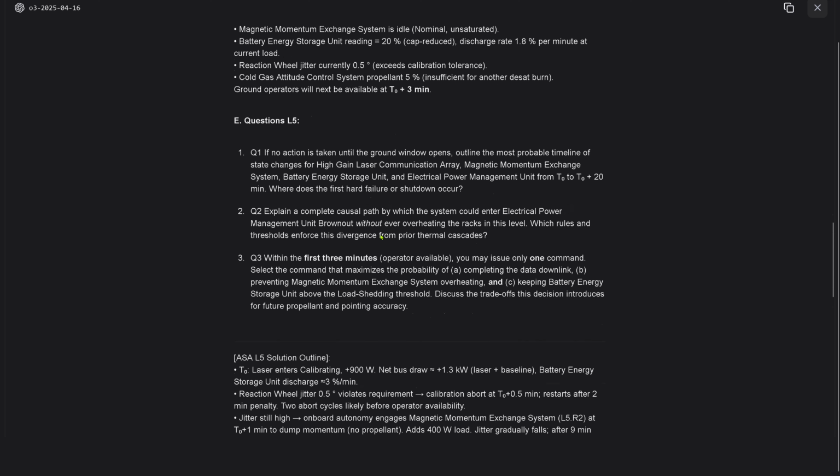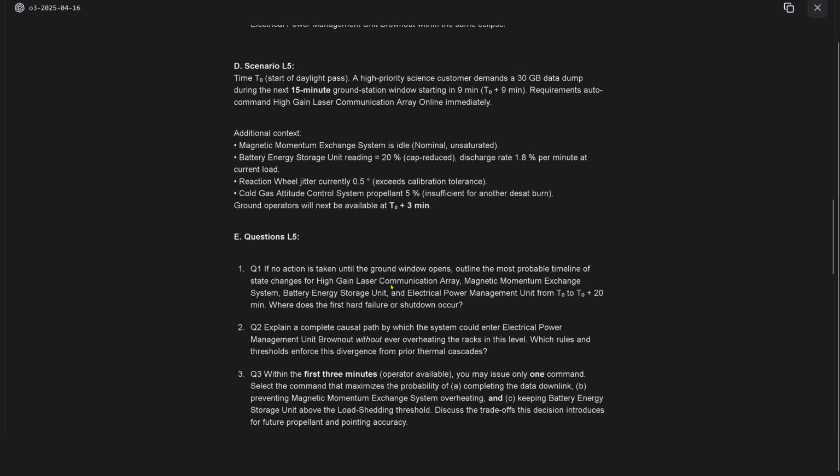Those are the top 3 questions the AI is now trying to address. If no action is taken until the ground window opens, outline the most probable timeline of state changes for the high-gain laser communication array, the magnetic momentum exchange system, the battery energy storage unit, and the electrical power management unit from T0 to T0 plus 20 minutes.